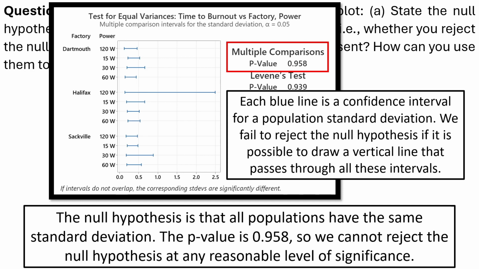And we fail to reject the null hypothesis if it is possible to draw a vertical line that passes through all of these confidence intervals at the same time. Here, that is clearly the case. And so just by visual inspection, we can tell that there is no reason to think that some of these populations have different standard deviations due to individual differences compared to others.